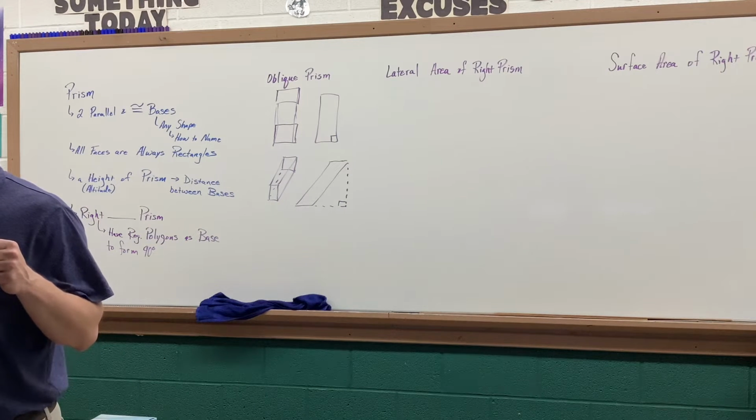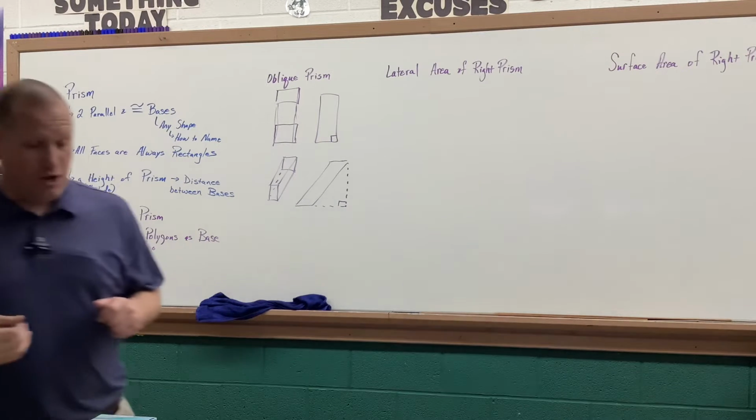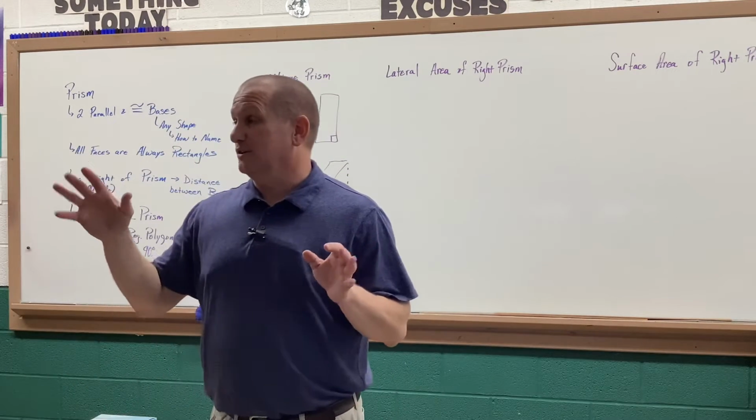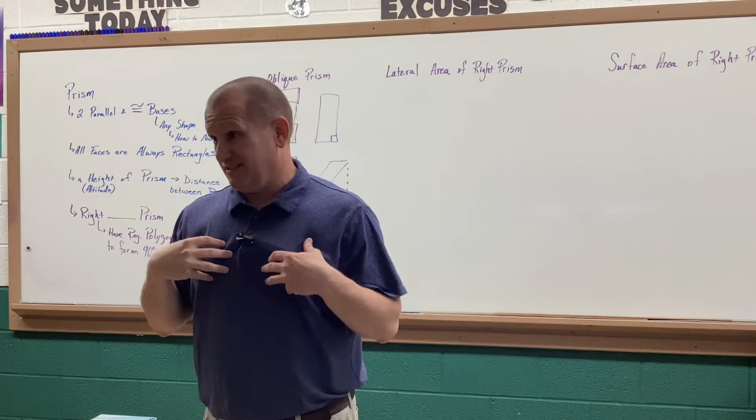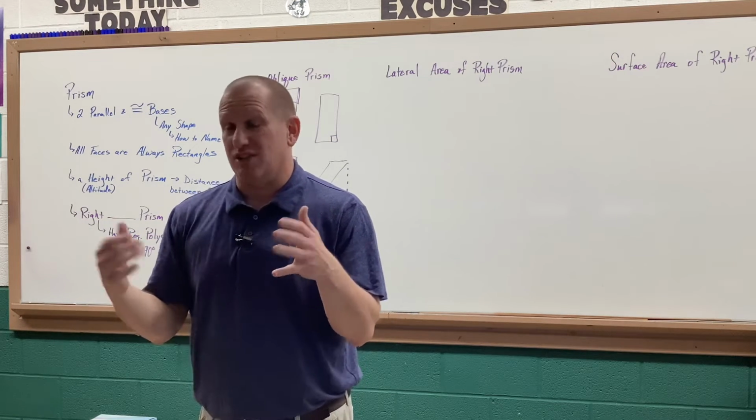All the faces that aren't on top and on the bottom, the faces that aren't the bases. So, to me, this is the guts, the stuff in between my bases.